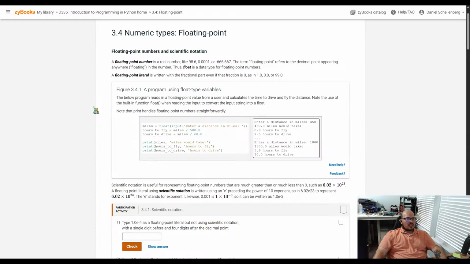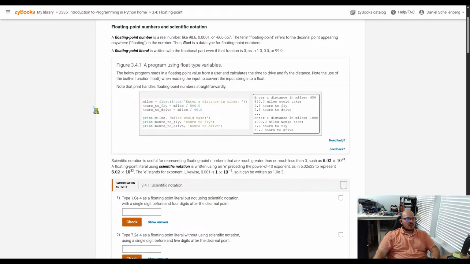A floating point literal is written with the fractional part, even if that fraction is zero, as in 1.0, 0.0, or 99.0. So it's basically explaining what a float means. It's a number with a decimal.